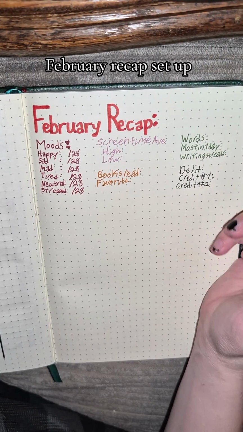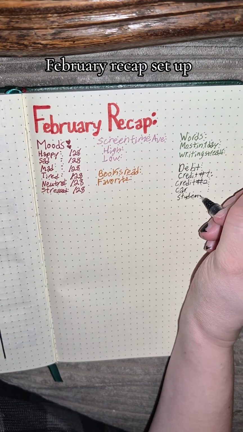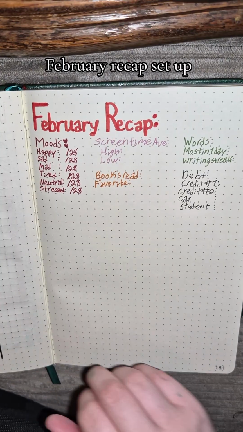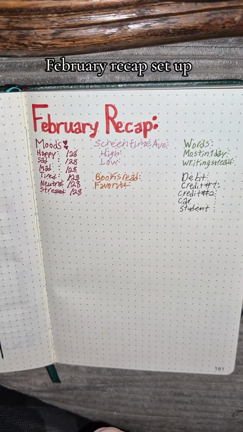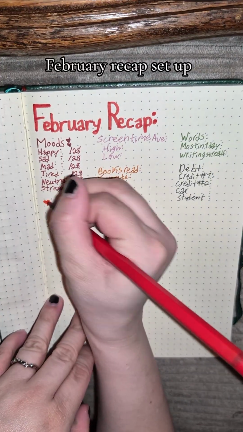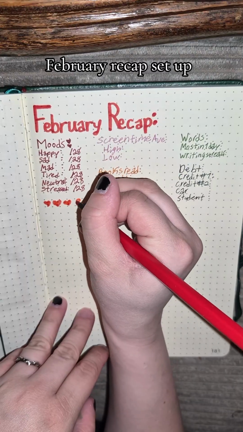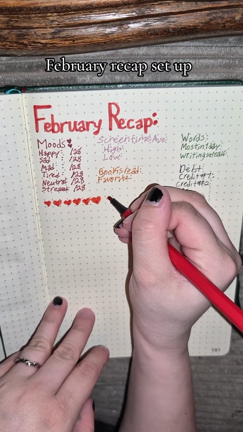I also wanted to keep my debt summary, but I noticed last month, it was in my recap, it was very cramped and whatnot, so I wanted to create an actual space where I could see how much I paid in total, but also how much went towards each debt.